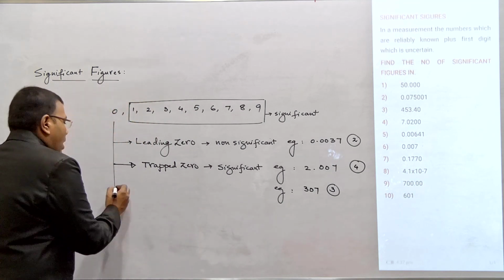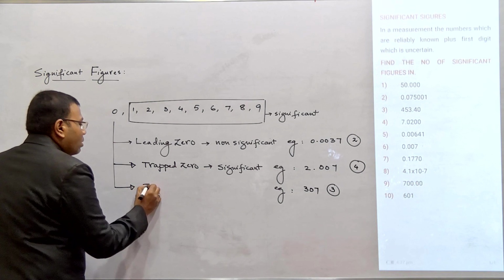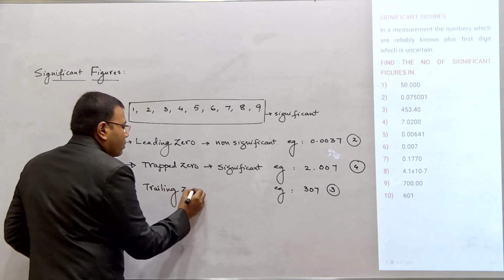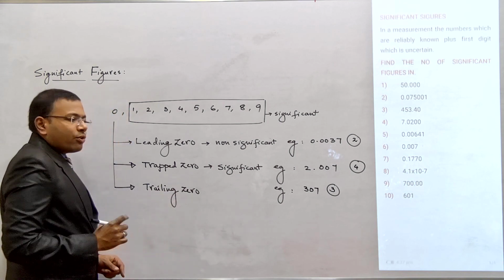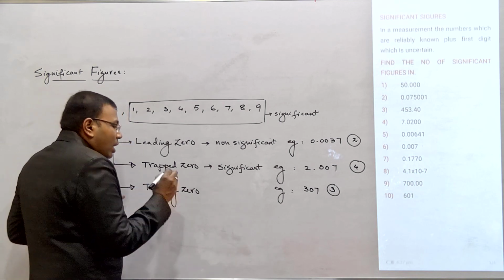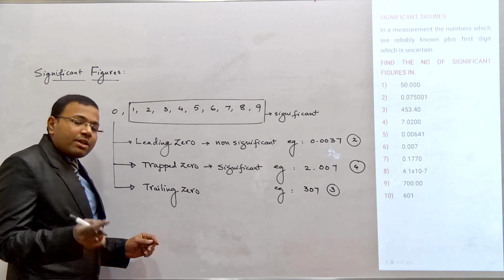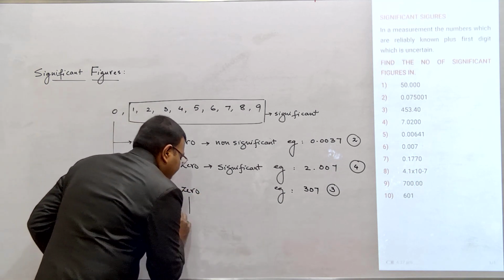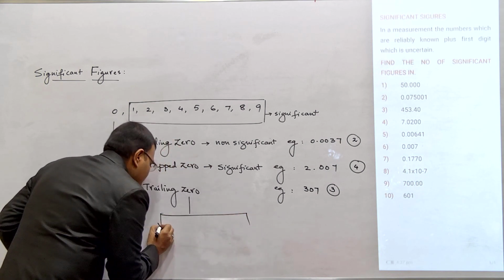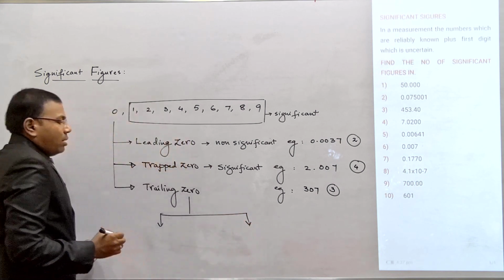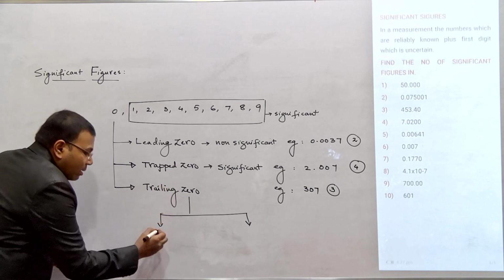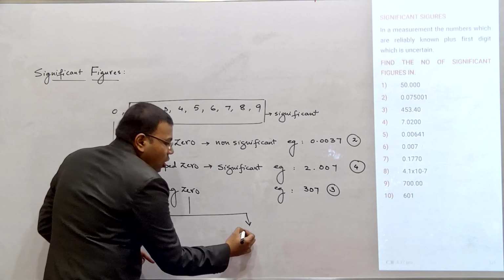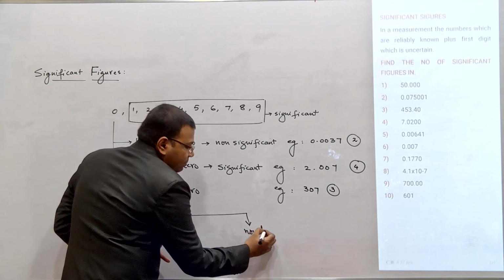The last one is trailing zeros. Under trailing zeros, you have to be very careful. If you are getting zeros at the end, you have to see whether that number has a decimal or is a non-decimal number.